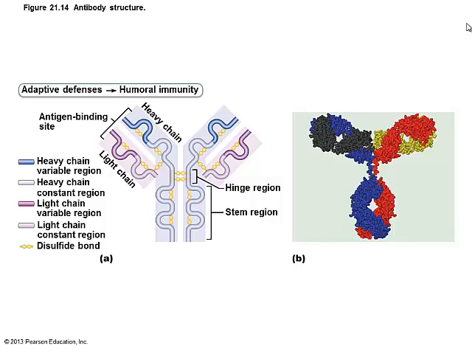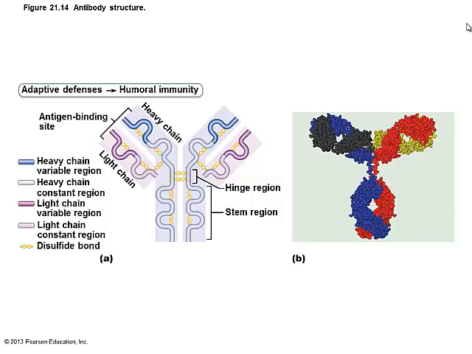So in this diagram that you see on page 781, figure 21.14, we see an antibody monomer with all of its very similar parts. So we're going to talk in a minute about all the different types of antibodies we make, but they all have these basic parts.